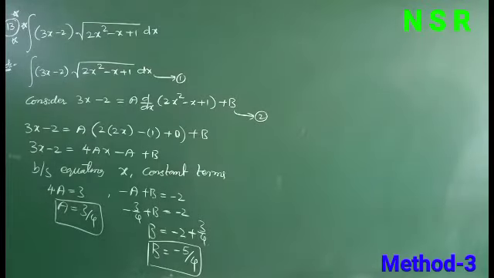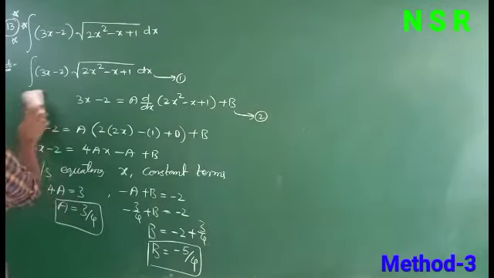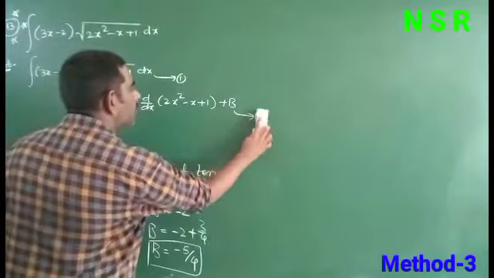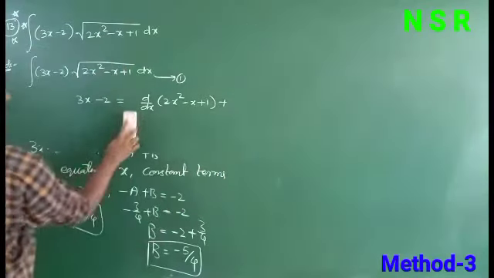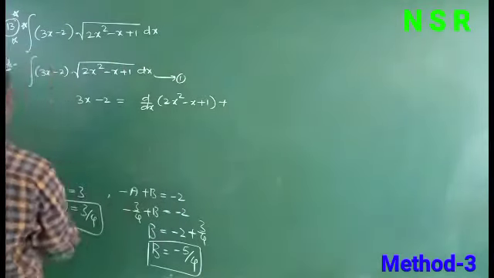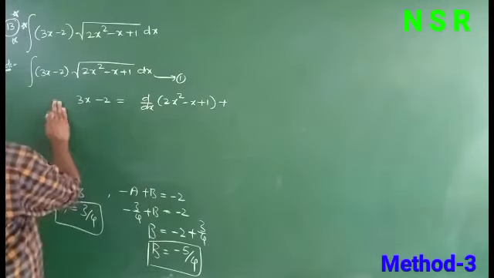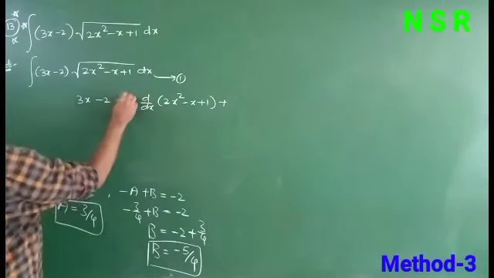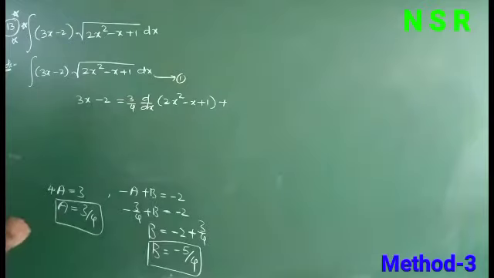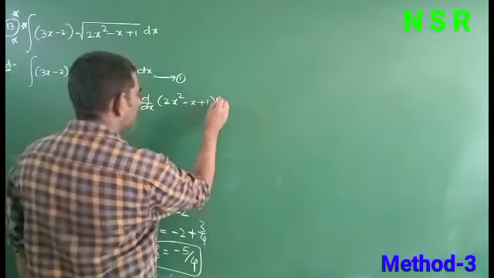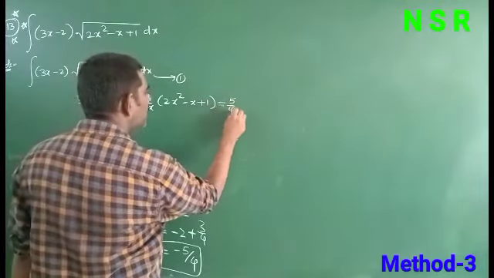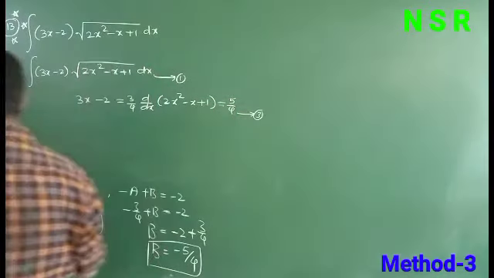Now substitute a and b values in equation 2, we get equation 3. So 3x minus 2 is equal to 3 by 4 into d by dx of 2x square minus x plus 1, minus 5 by 4. This is equation number 3.